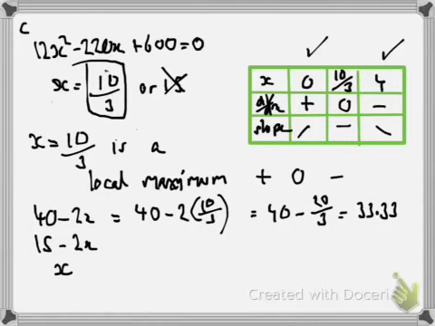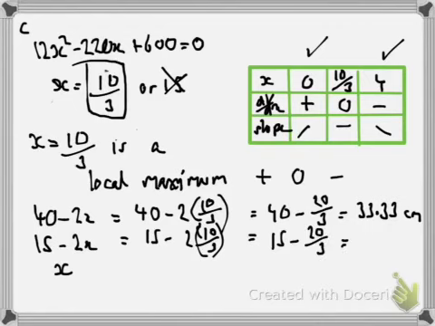That's 33.33 centimetres. Here we've got 15 minus 2 times 10 on 3. That's going to be 45 on 3 minus 20 on 3. It's going to be 25 on 3, which is 8.33 centimetres.